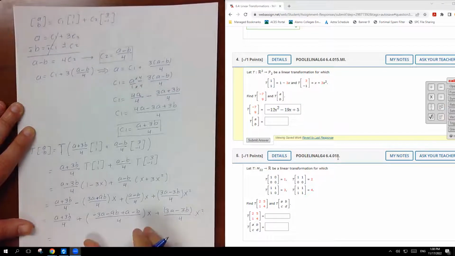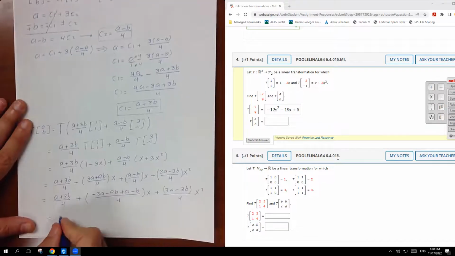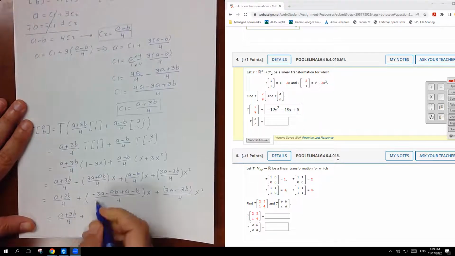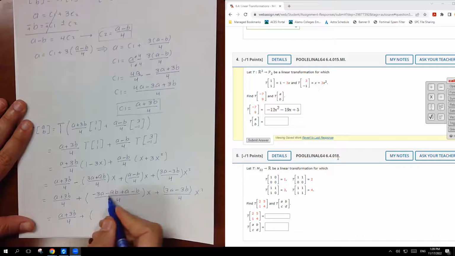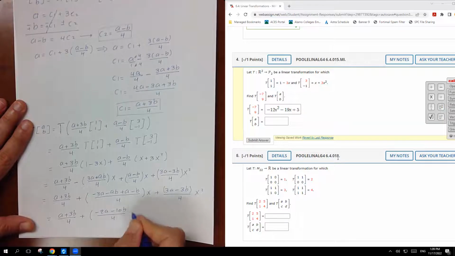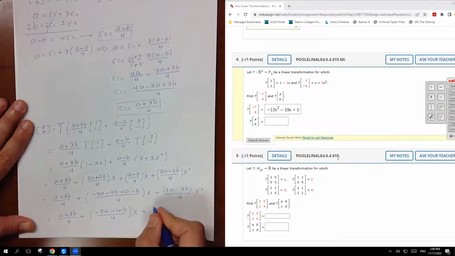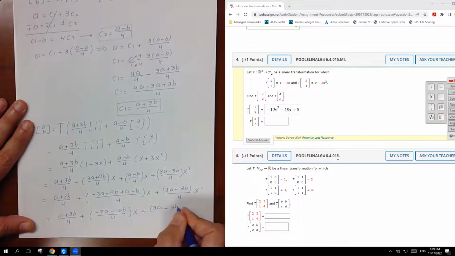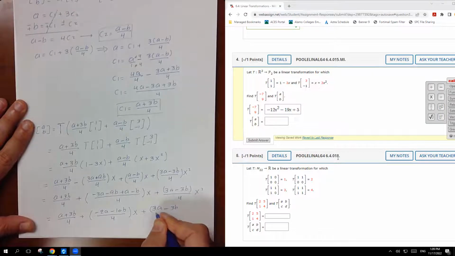And then the result is going to be (a plus 3b)/4 plus, here is going to be negative 3a plus a, that is negative 2a, minus 10b over 4, and everything for the x, plus, and here (3a minus 3b)/4.